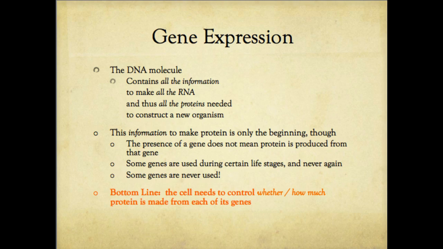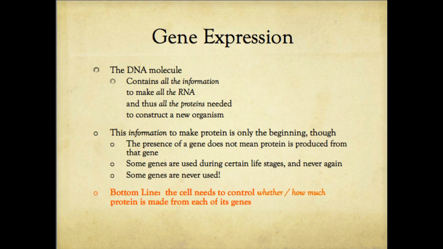Okay? Now that seems strange to us because each cell is so different. And the reason each cell is different is because even though it has the entire DNA molecule in it, it doesn't use all of the genes inside that DNA molecule. In other words, it doesn't express every gene inside the DNA molecule.